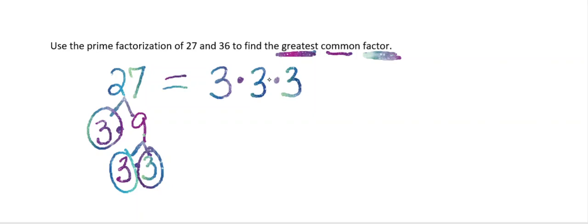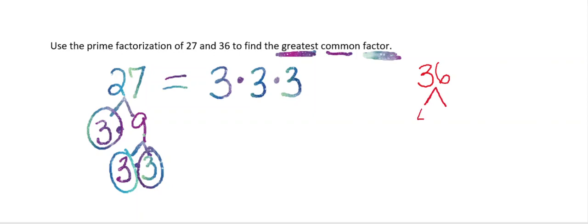3 times 3 is 9. 9 times 3 is 27. My prime factorization should multiply to get me back to the original number, and my prime factorization should be all prime numbers. Let's do the same thing for 36.